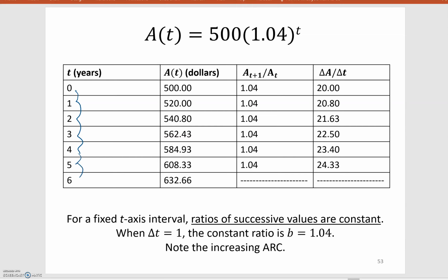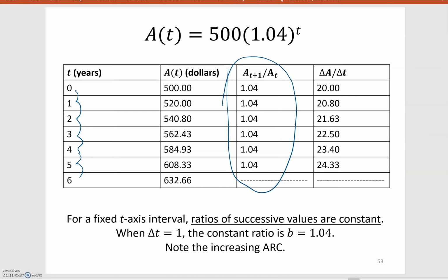But what I want to point out right now is notice what we've got here. So we have 1 year jumps here. Then you've got your increase in the function. But this is the important thing. In this third column, I've got the ratio of the new value divided by the old value, where we move forward 1 unit.